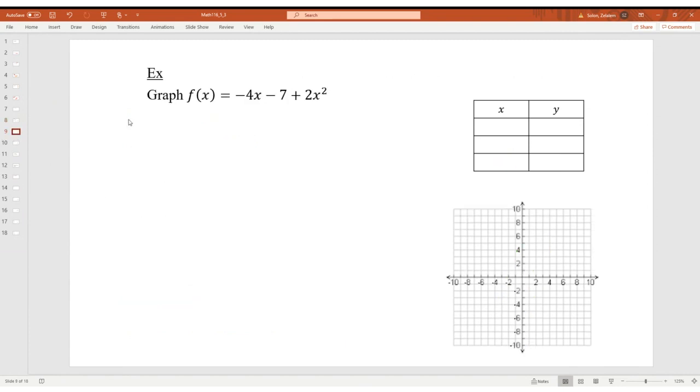Okay, now I want you to try this and find those 3 points. 2x squared minus 4x. I rearranged the function for you and compare it to f of x equals ax squared plus bx plus c. Find a, find b, find c. Let me give you a, b, and c. A is 2, b is negative 4, c is negative 7.